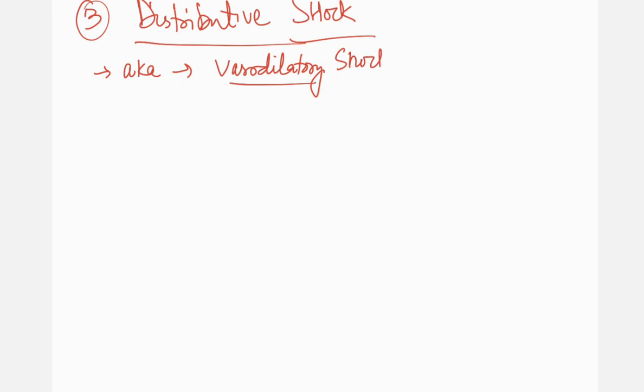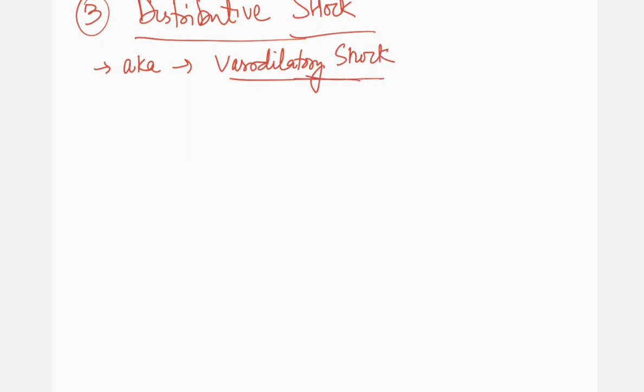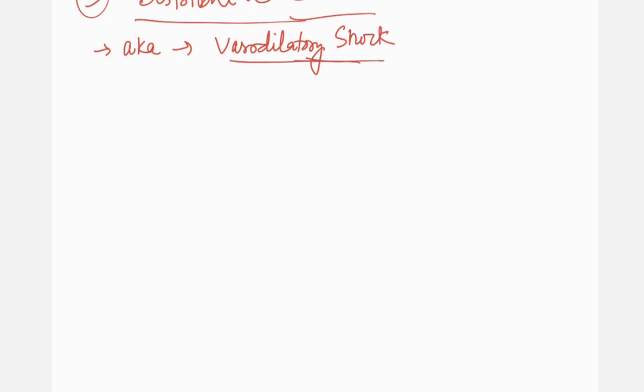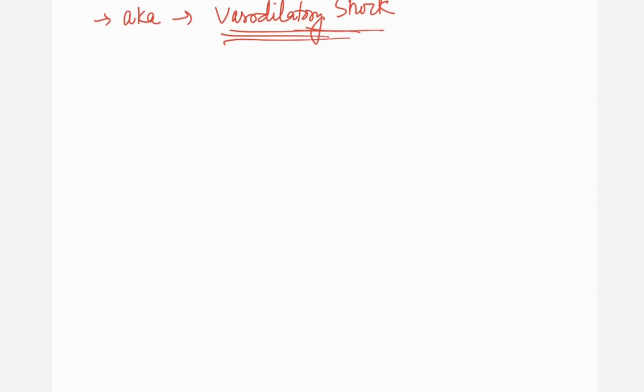In this type of shock, as usual, our body can't get enough blood to our main vital organs, like the heart, brain, or kidneys. This happens because the blood vessels are excessively dilated.